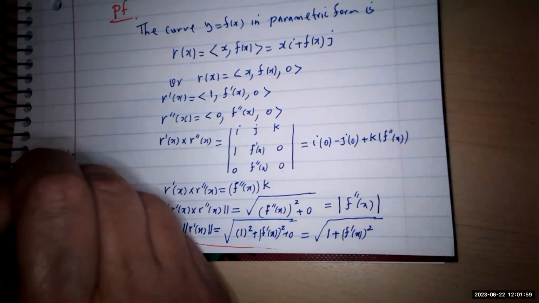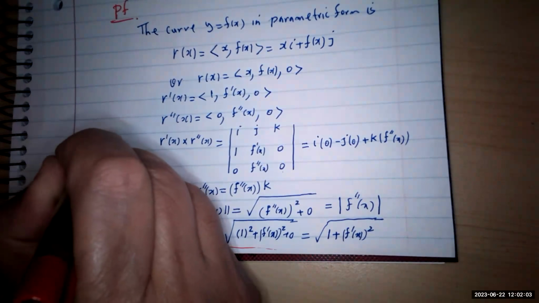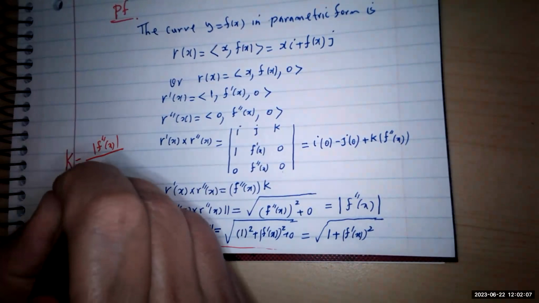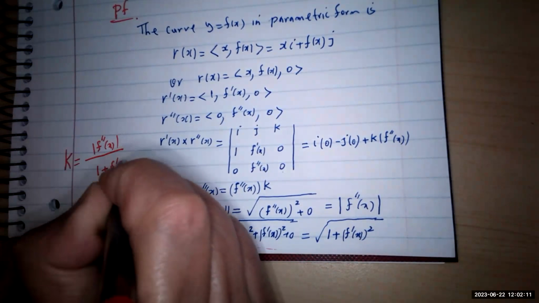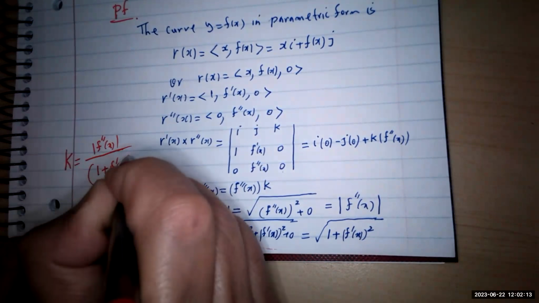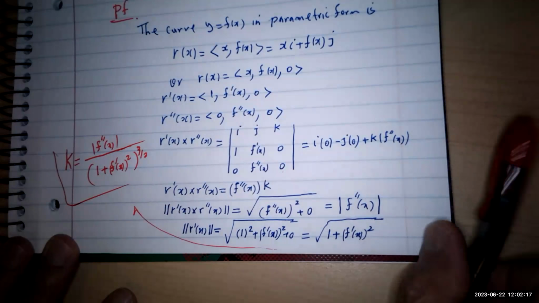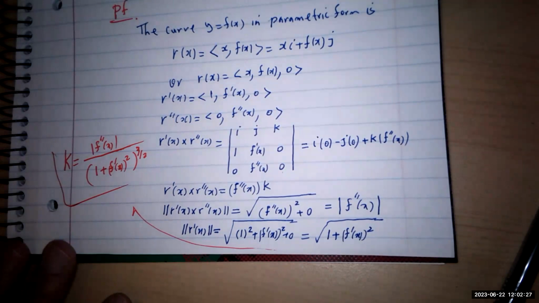So the curvature formula for this type of function is the absolute value of f double prime of x on the top, and on the bottom 1 plus f prime of x all squared, but to the 3/2. This is a classic formula. If you are not going to be in Calculus 3, they use this formula for finding the curvature of a plane curve.